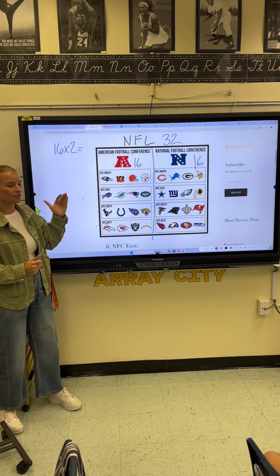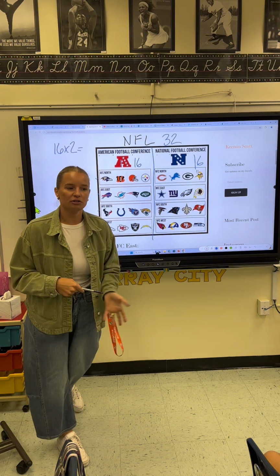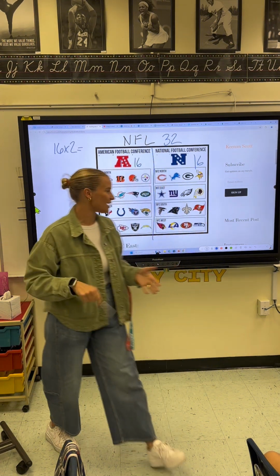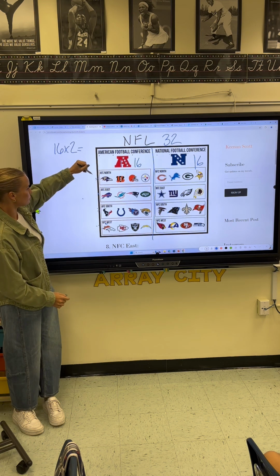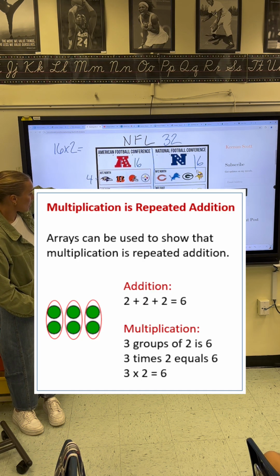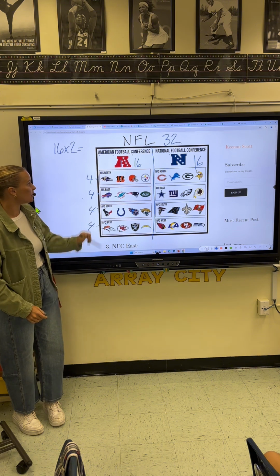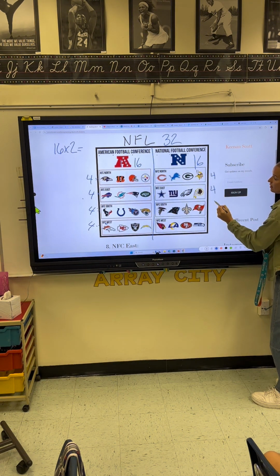Okay. Now, with our divisions, they're split up by the cardinal directions, by the compass, kind of like our tables, right? You have 4 divisions. Repeated addition, like we discussed. 4 plus 4 plus 4 plus 4 equals 16.